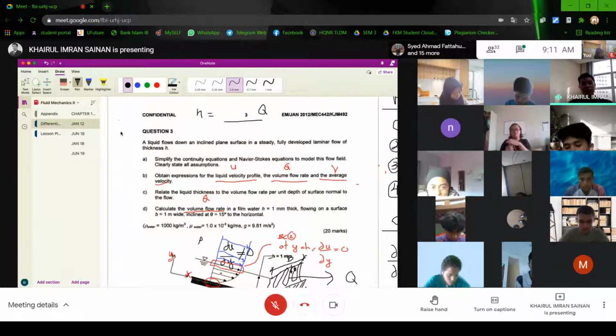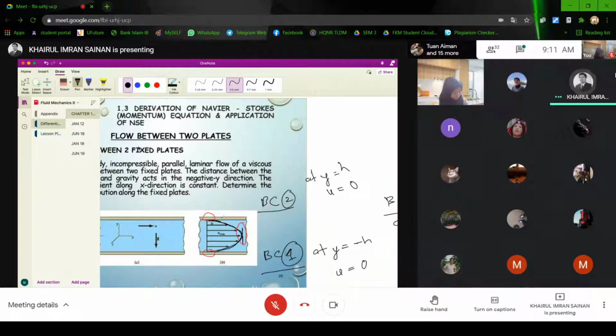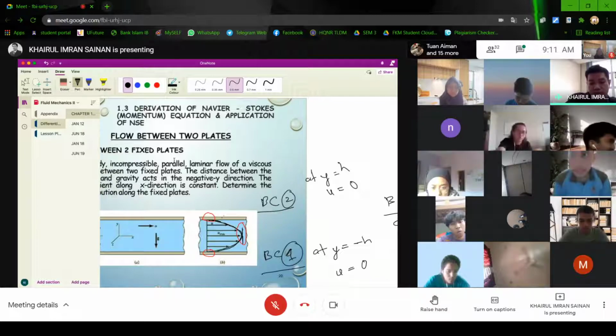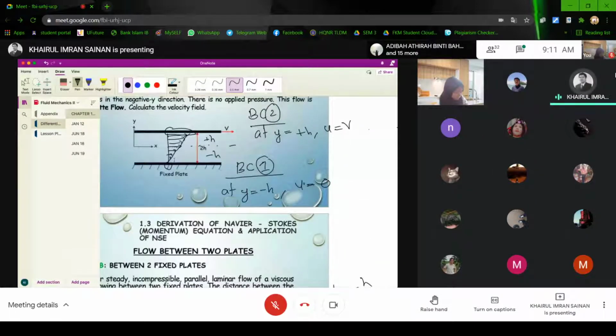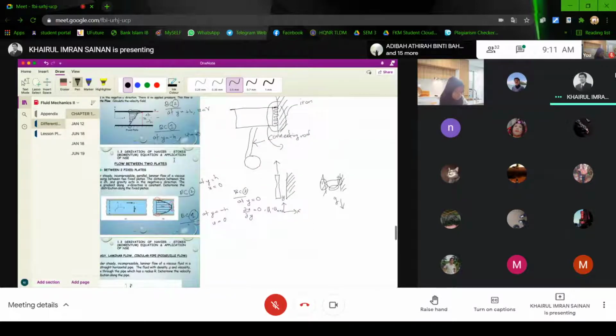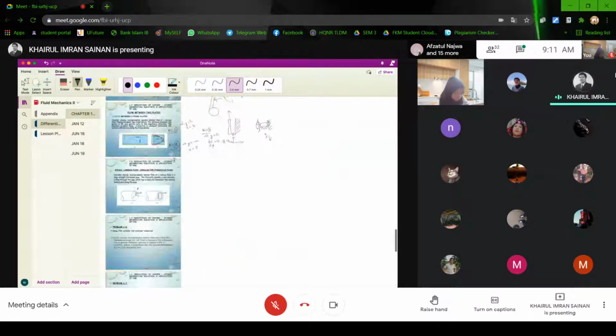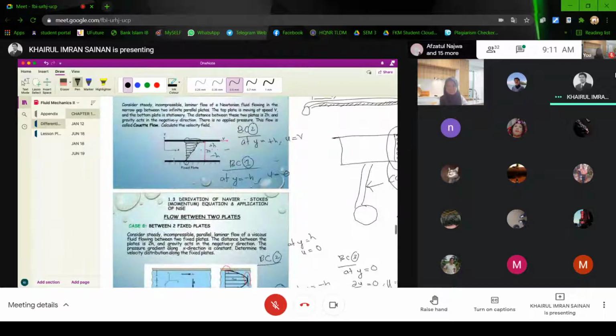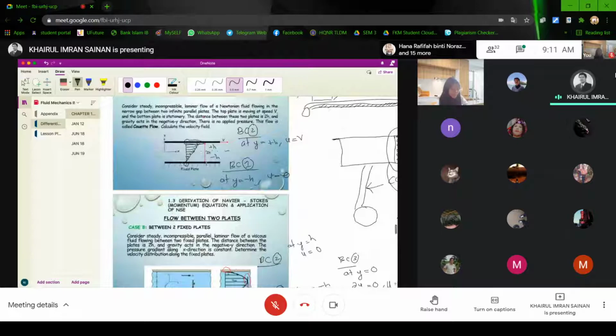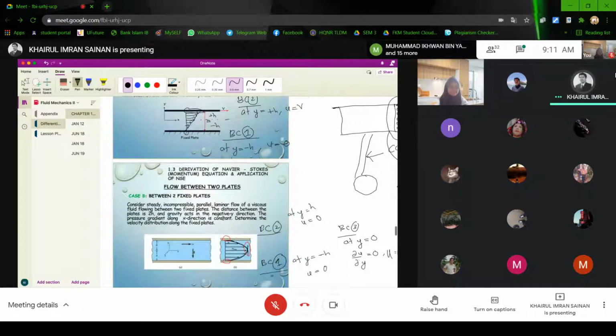Okay, so that is done for Navier-Stokes equation for Cartesian coordinates. I've taught you fluid flow. We have a fixed plate at the bottom, a moving plate at the top, and I taught you about the fixed plate.